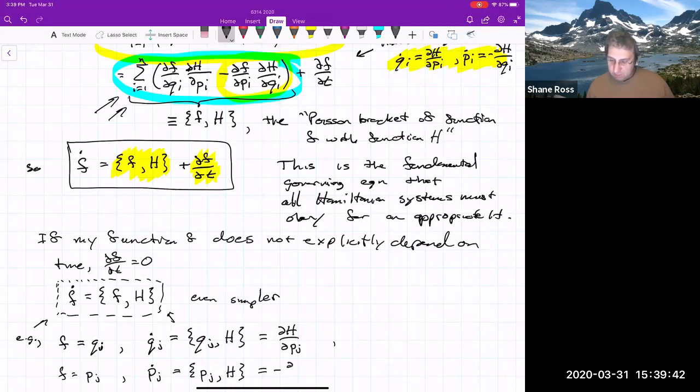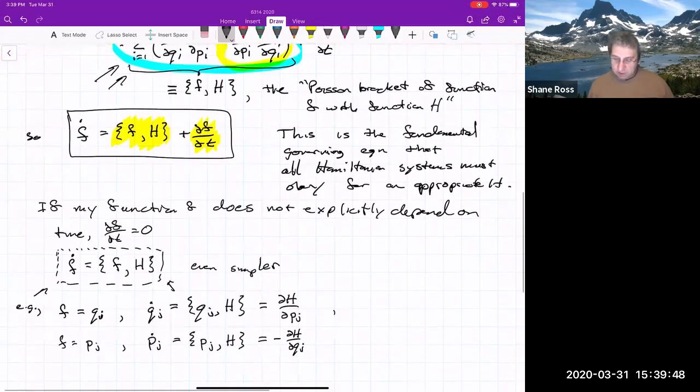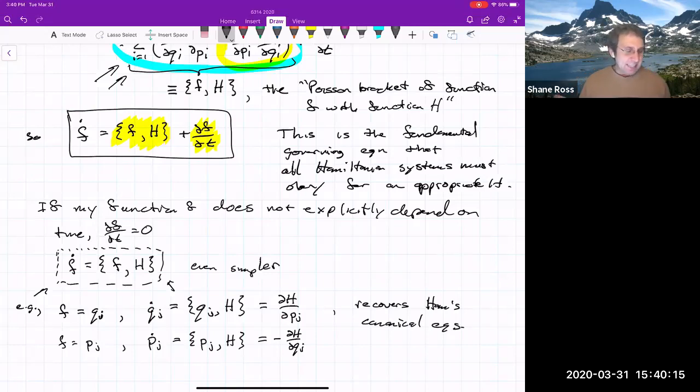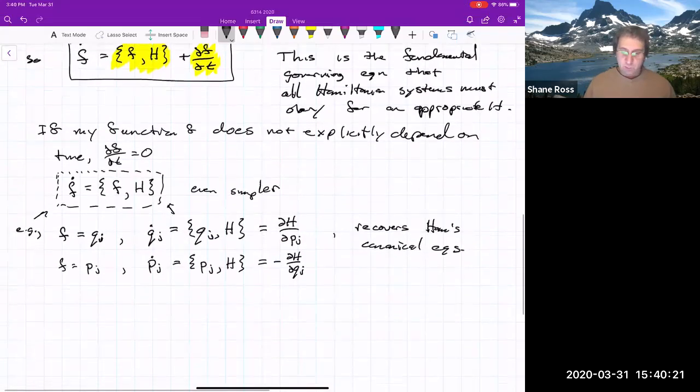So this would give us minus partial h, partial qj. Notice what this is: qj dot equals partial h, partial pj, and pj dot equals minus partial h, partial qj. These are Hamilton's canonical equations. So with this way of writing the Poisson bracket, at least there's some consistency there. It recovers Hamilton's canonical equations. Good. At this point, it's easier if we start using the X notation or the symplectic notation from before.